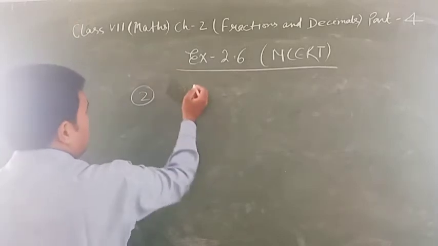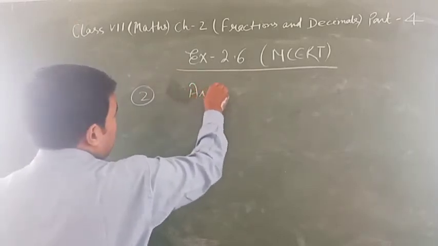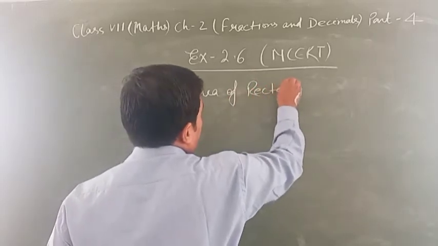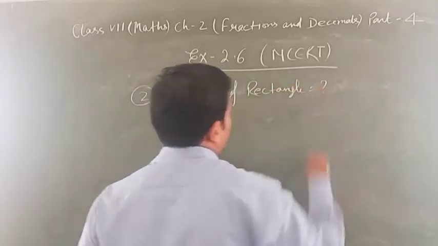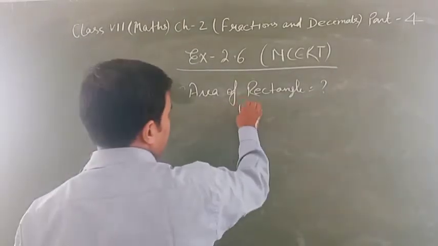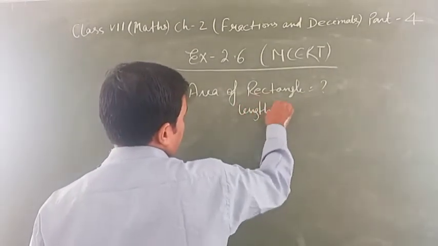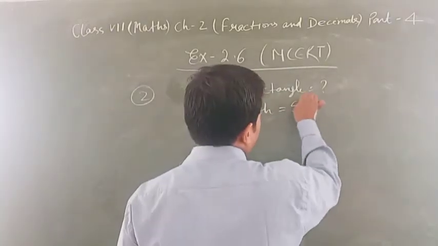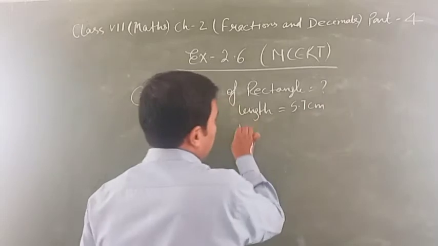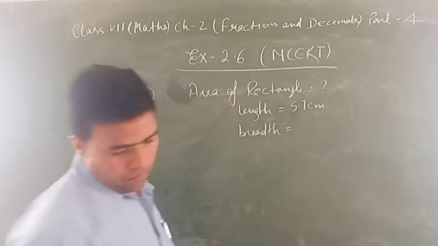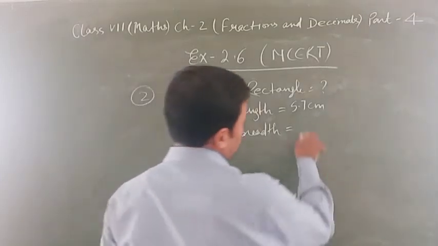Find the area of a rectangle. Area of rectangle is asking, whose length equal to 5.7 centimeter and breadth equal to 3 centimeter.